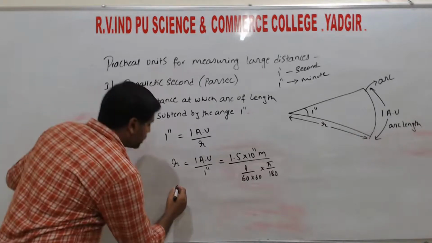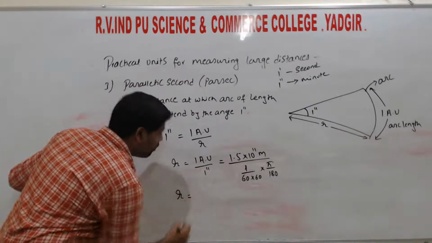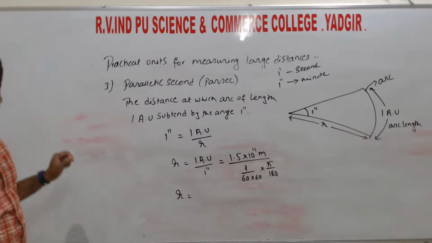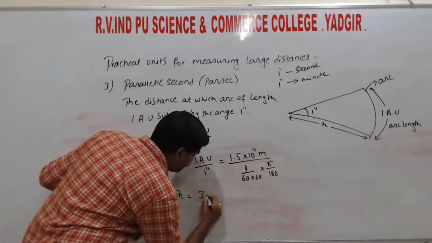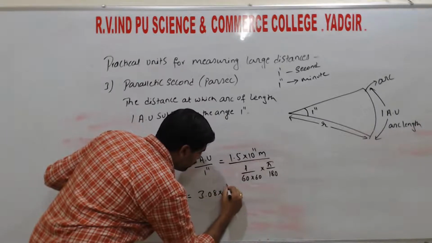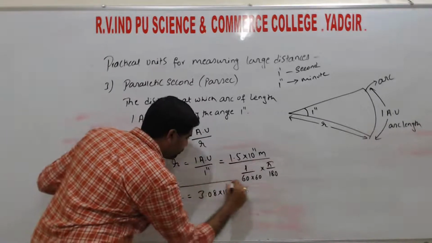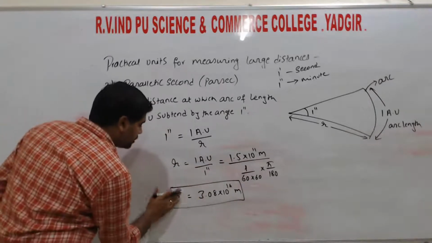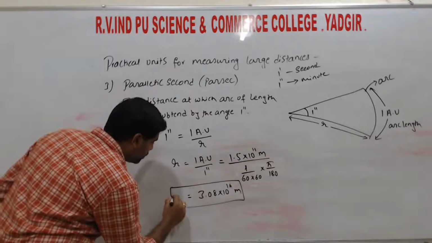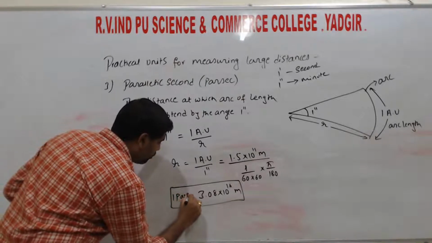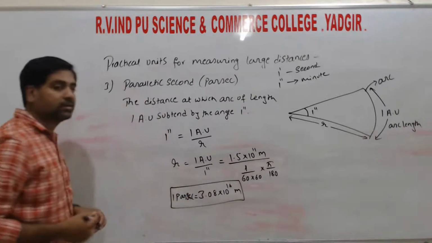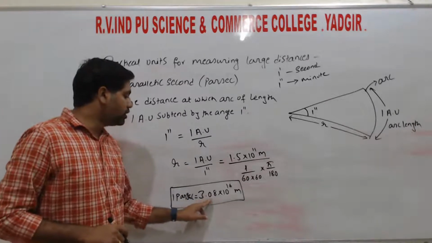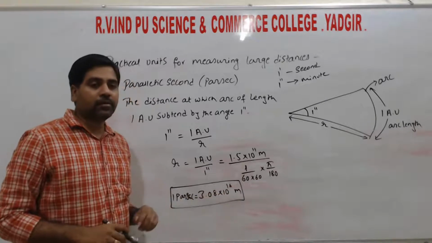Now the parsec, the value of r, if we simplify, is 3.08 into 10 to the power of 16 meter. This is the value of 1 parsec.